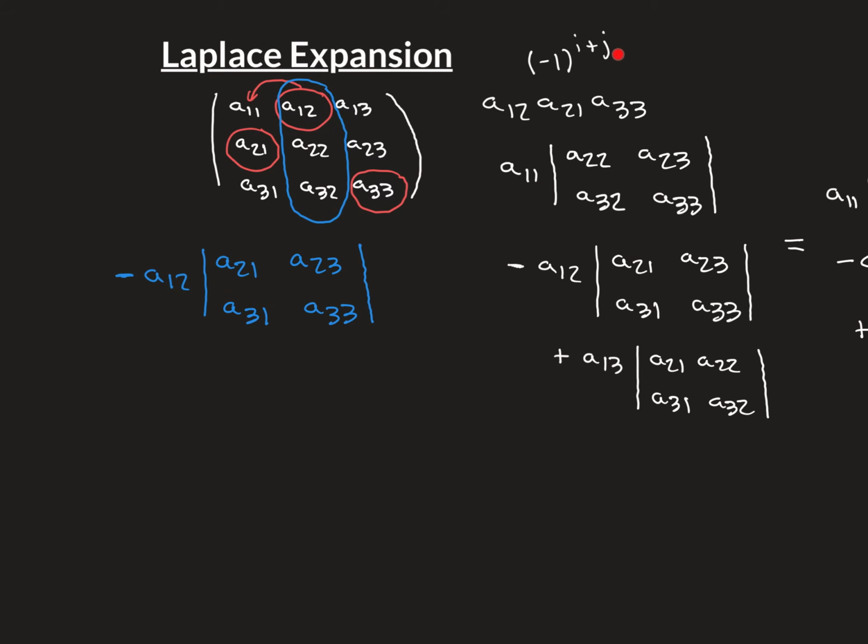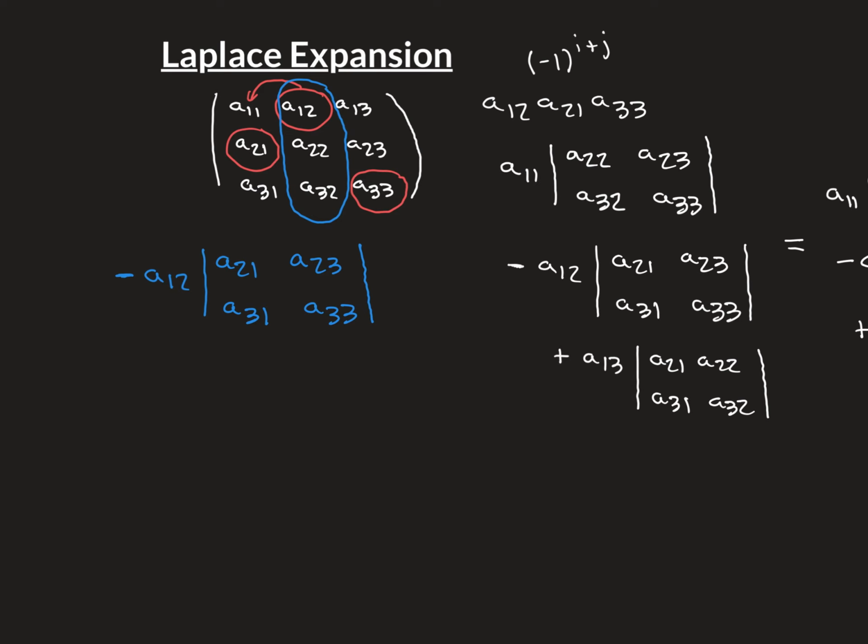Why is this the case? Because this actually captures how far away it is from the diagonal. So remember, what sign we want to put in front of here is all about, do we need to correct this, and do we need to correct it by an odd number of permutations, an odd number of switches, or an even number of switches?